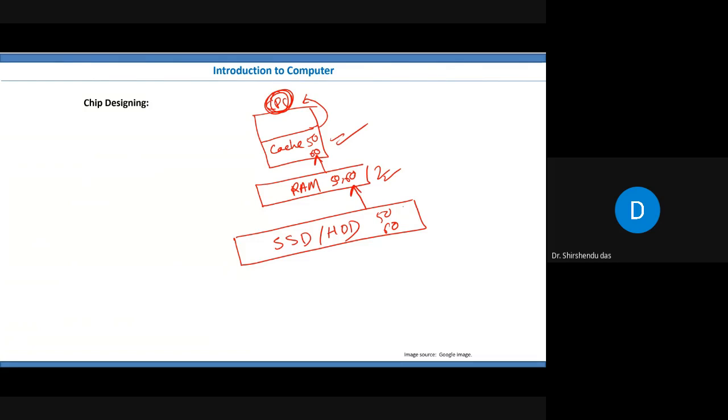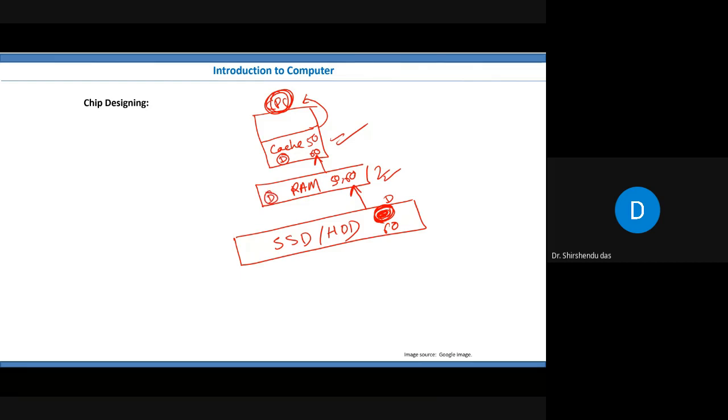For example, suppose there is a data item called D. If the CPU is requesting D now, then it is highly likely that in the near future the CPU will again request D. The first time the CPU requests it, it will not be available in cache or in RAM. So the request will go to the hard disk, and D will first be fetched into RAM, and then from RAM D will move to cache also, right? This is the first time.